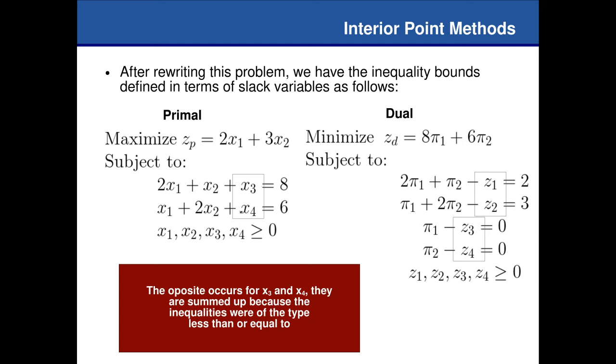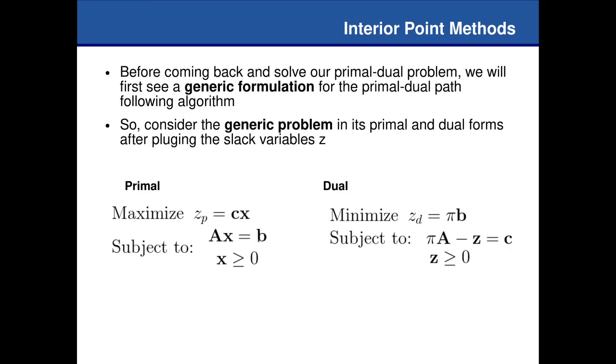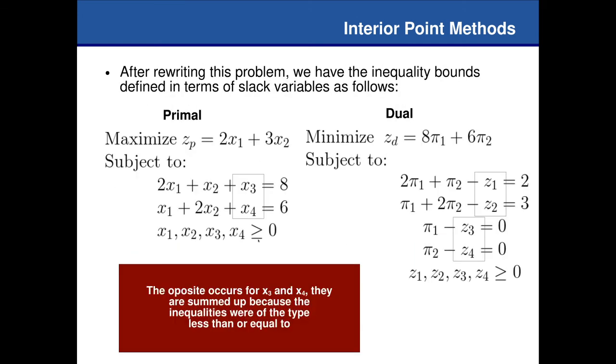And for X4, in this case, it is 1. So my matrix will be 2, 1, 1, 0, and 1, 2, 0, 1. That's my matrix A. And my B in this particular problem will be 8 and 6.